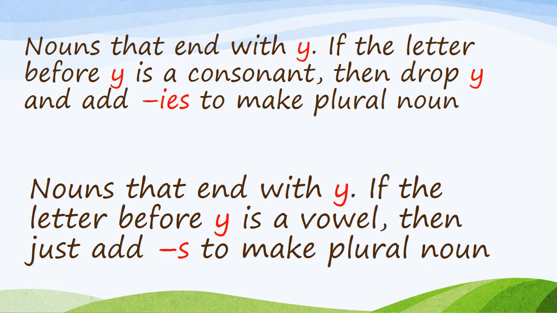For a singular noun which ends with Y, you have to see that the letter before Y is a consonant. Only in that case, you will drop Y, that means you will remove Y and add IES to make the plural noun.